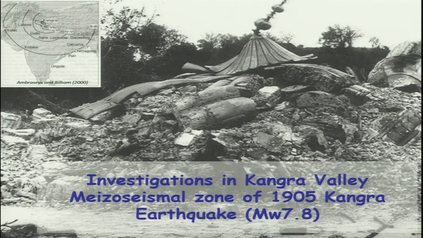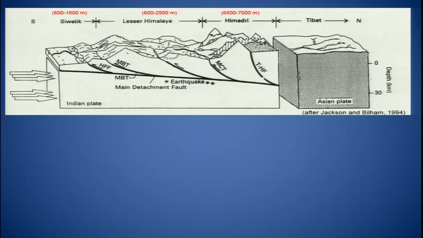So when we started looking for the active faults, before that we thought, let us understand what could be the reason for this region, which is sitting between HFT and MBT, to have triggered the earthquake of 1905. Now if we look at this, we have already discussed it earlier.